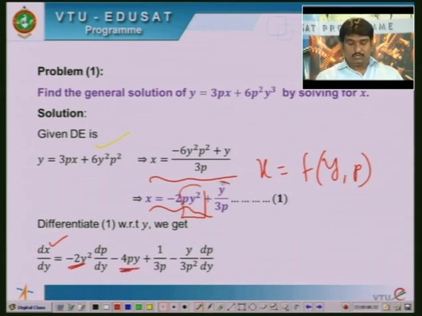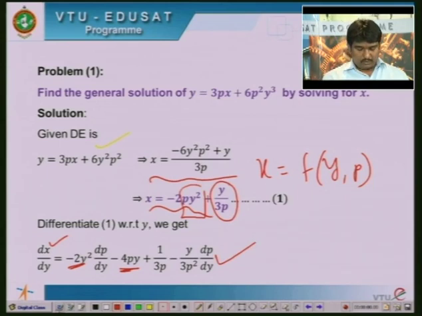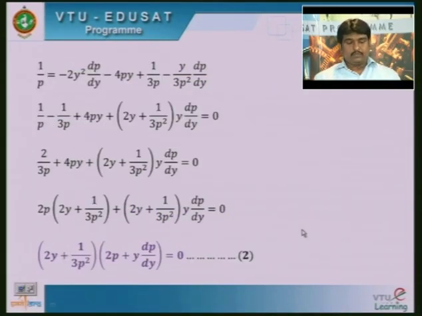Next, differentiate y/3p with respect to y: 1/3p times the derivative of y, which is 1, minus y into the derivative of 1/3p, which is -1/3p² times dp/dy.